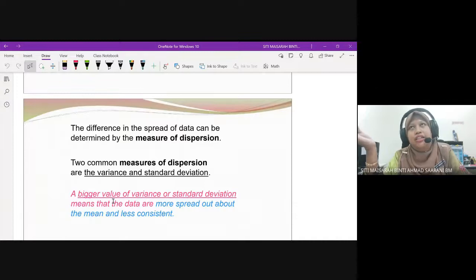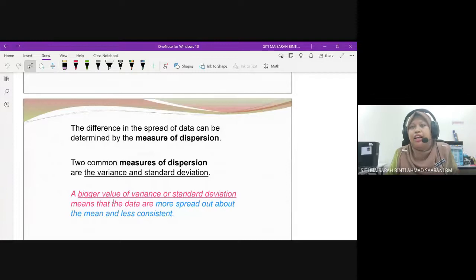Contohnya kalau awak punya result kan, awak ada result kelas A dengan kelas B. Okay. Dua-dua dia punya mean sama. Kita ambil result UPS, katakan UPS 2. Okay, dua kelas ni dapat dia punya mean dia sama.